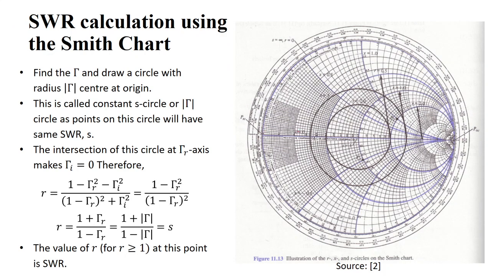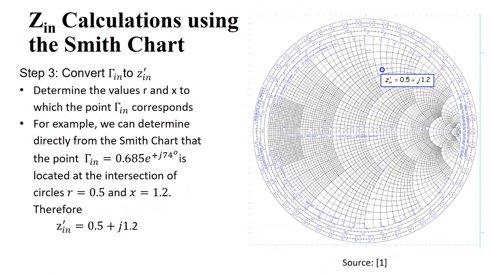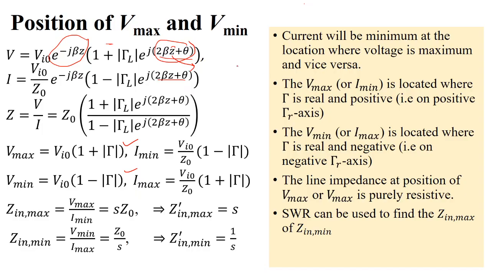So what it means is that when you move on the line, you have a Smith chart here. For a particular value of z, you have an initial value of the phase theta. So you may find it here. So this is gamma L.